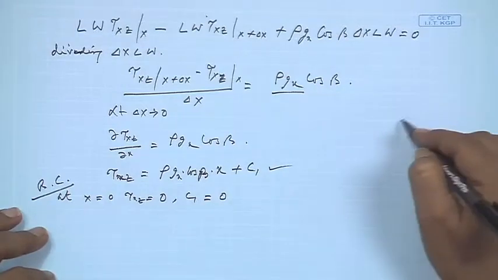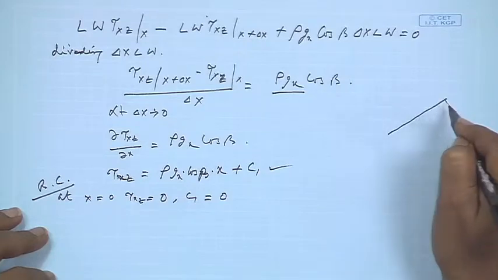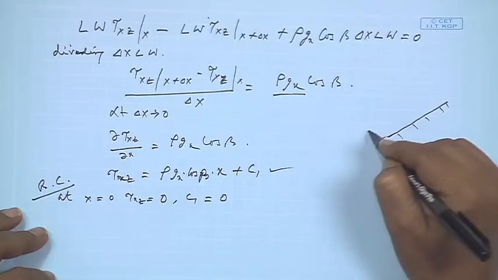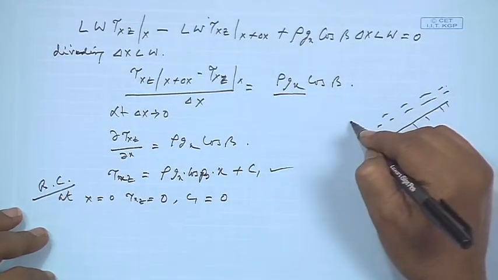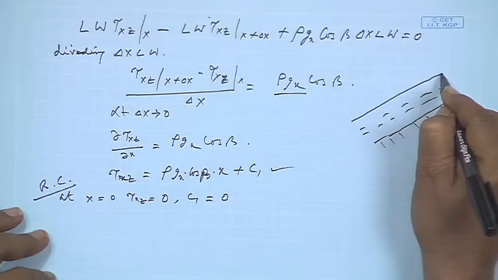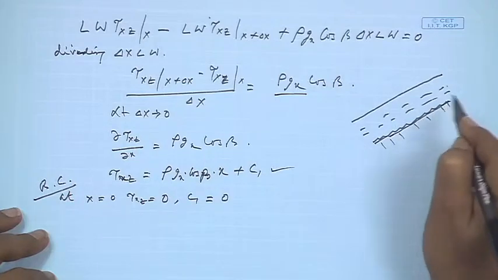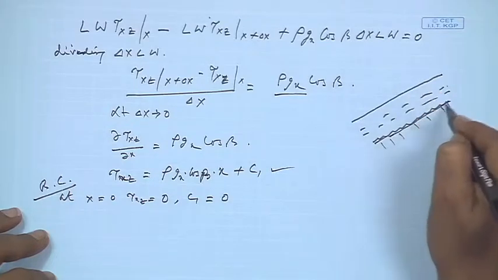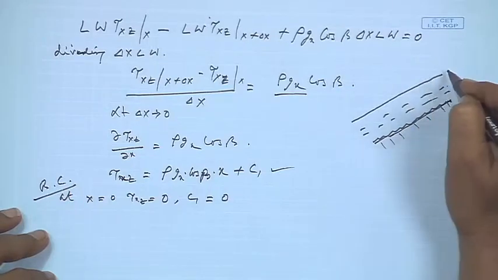Now, you remember we had taken the horizontal solid board, or solid material, on which the film was there. We had taken the volume element like that, and this was the liquid-solid interface, and this was the open surface, the liquid-gas interface.